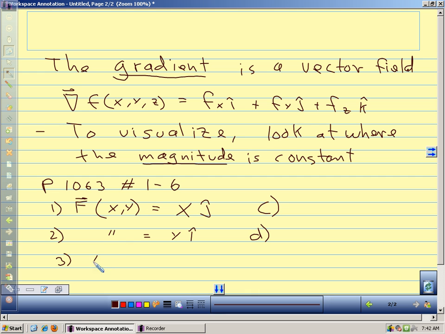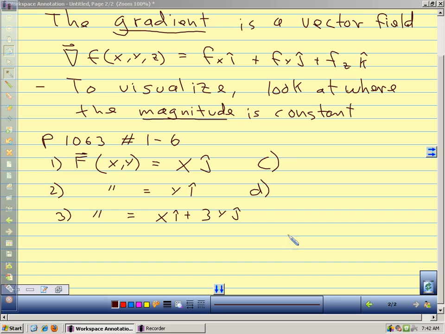Our vector valued function is xi plus 3yj. So where is that one going to have a constant magnitude? What kind of shape? A circle, a line, a plane, a hyperboloid?